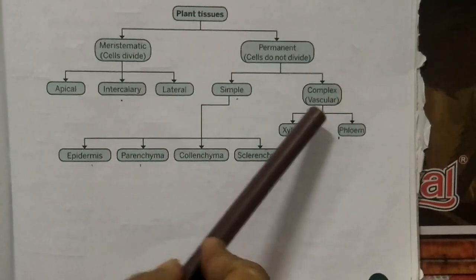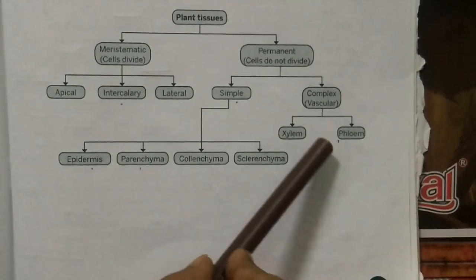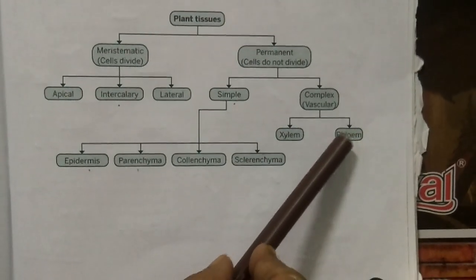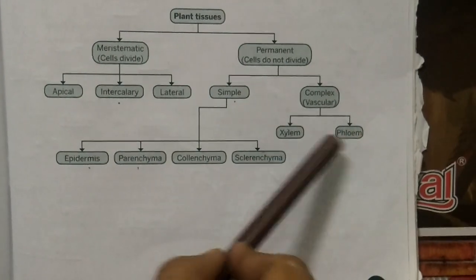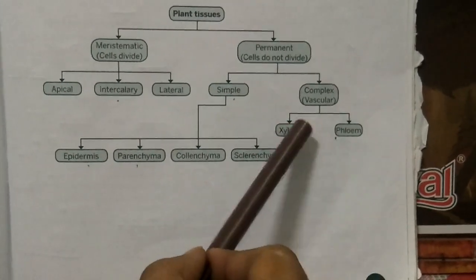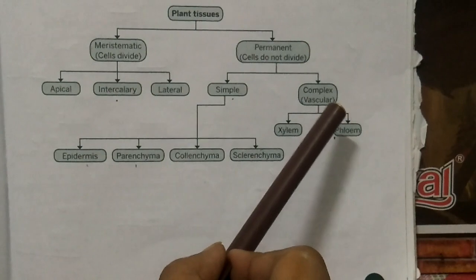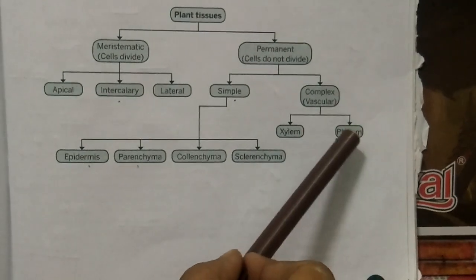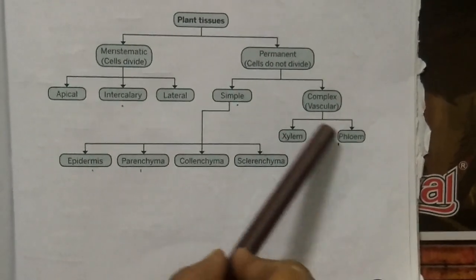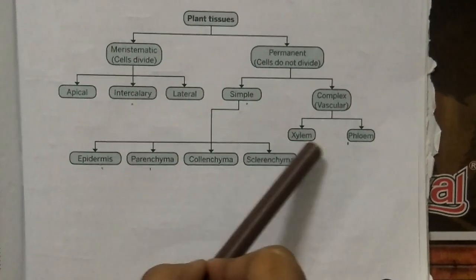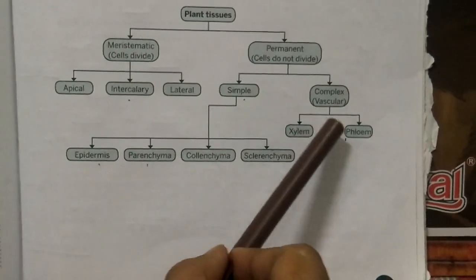Under the complex permanent tissue, we have two categories, xylem and phloem. Xylem and phloem are the internal tissues which are always responsible for transporting and translocation of the food materials, distributing the food materials, water and minerals in the plant body.